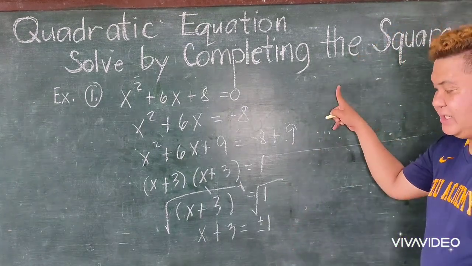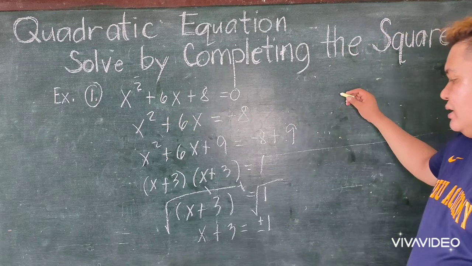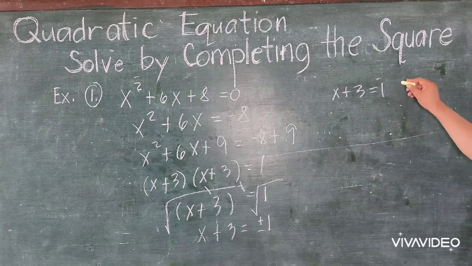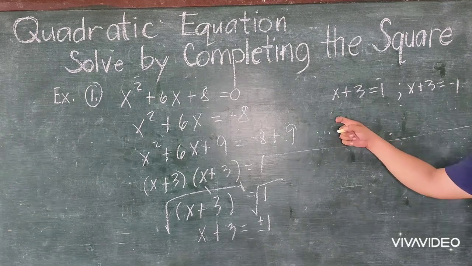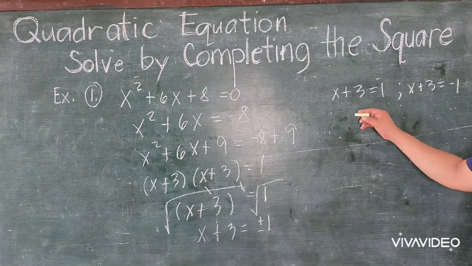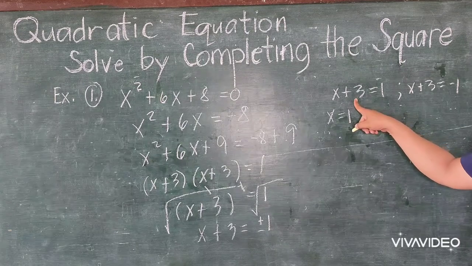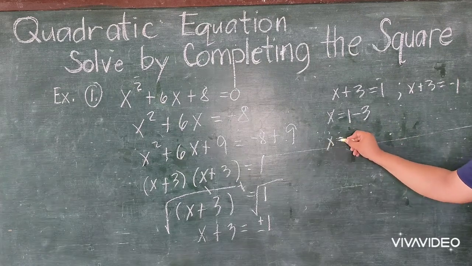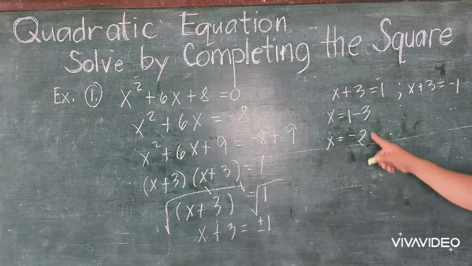So, let's continue. We can now solve this quadratic equation. Let's have x plus 3 equals 1, which is positive, and x plus 3 equals negative 1. Again, we are going to transpose it to the other side. So we have x equals 1, and transposing positive 3 makes it negative, so it's minus 3. X is equal to 1 minus 3, which is negative 2.